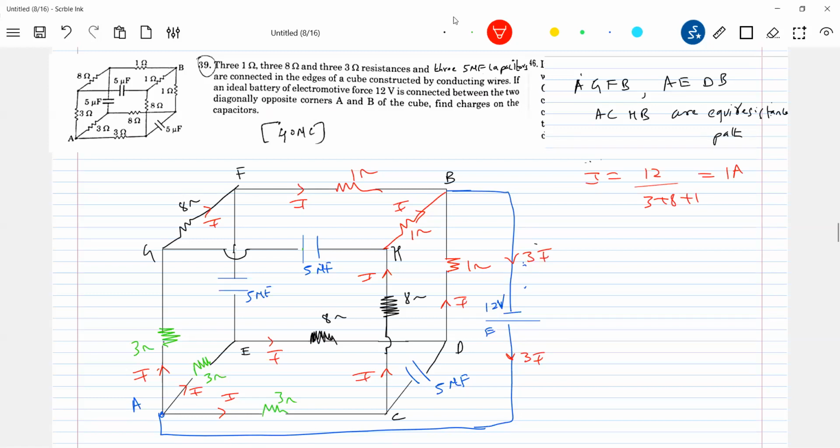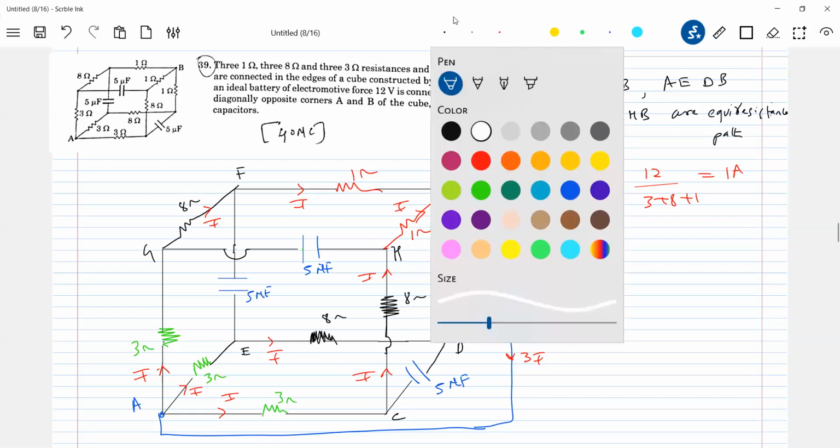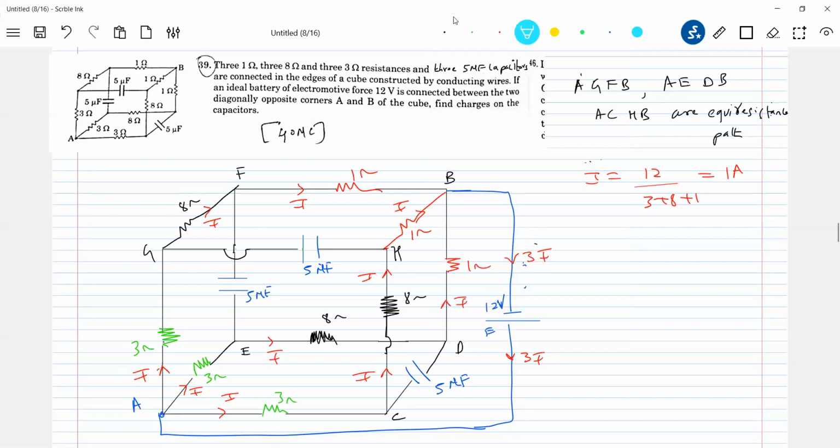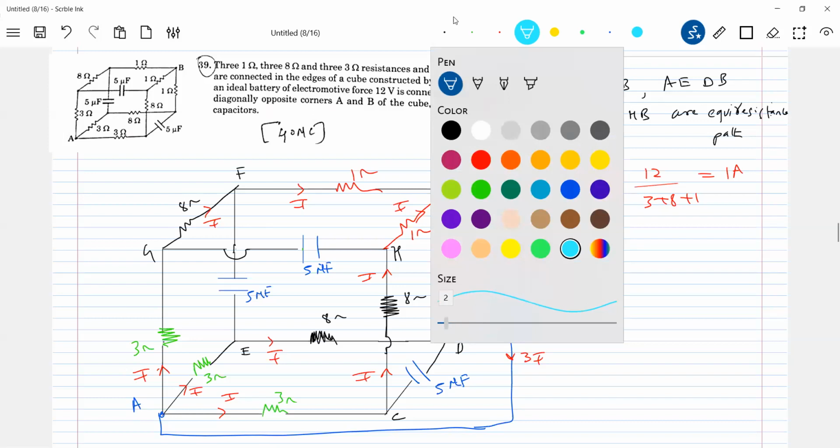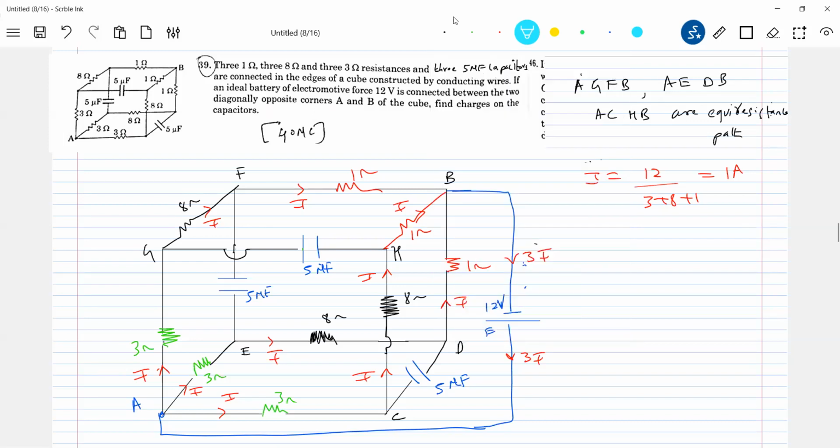So we have to calculate the drop across the capacitor, no? So take the help of the polarities. Polarity will be plus minus. Here plus minus. We are not sure which plate will be at higher or lower potential.